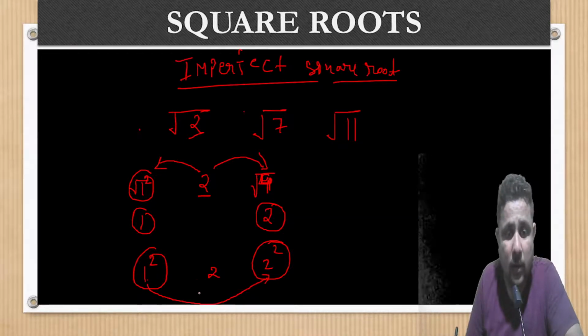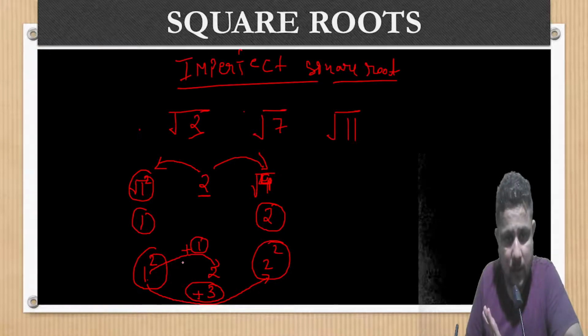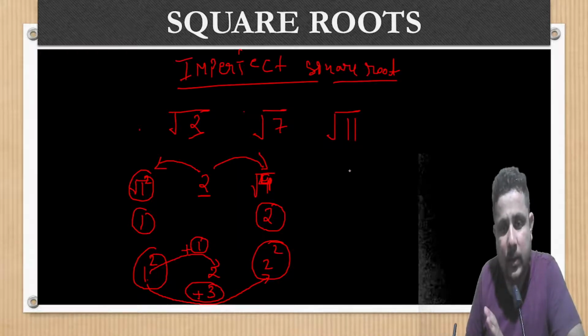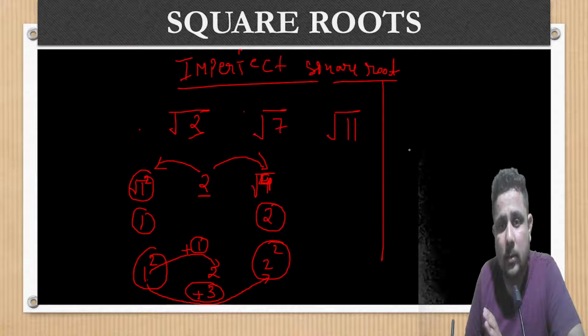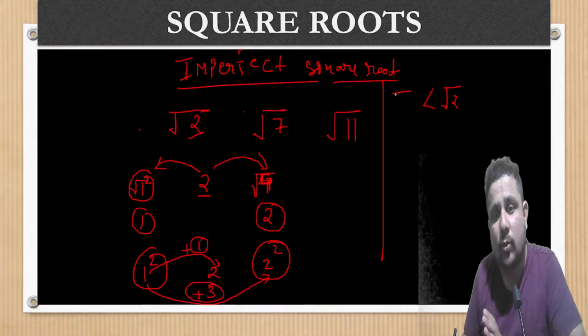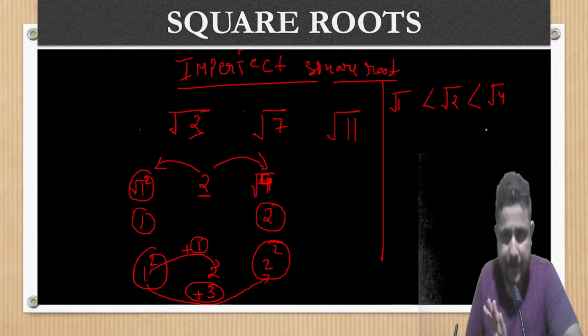From 1 to 4, plus 3. But how much are you actually moving? Only plus 1, one step. So the square root of 2 is coming between the square root of 1 and the square root of 4.